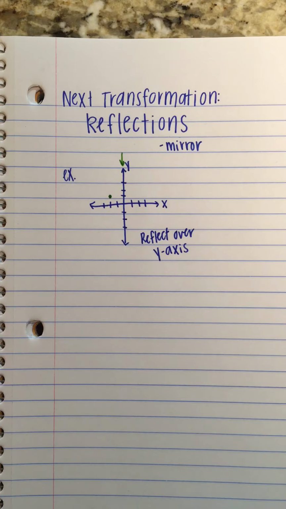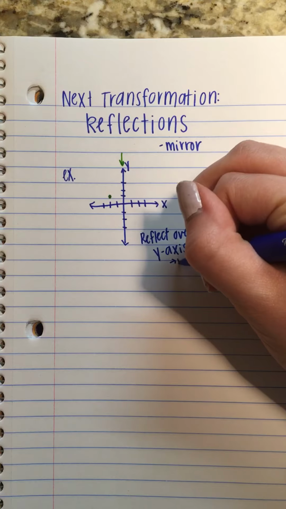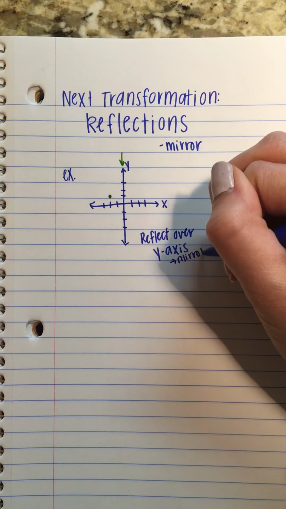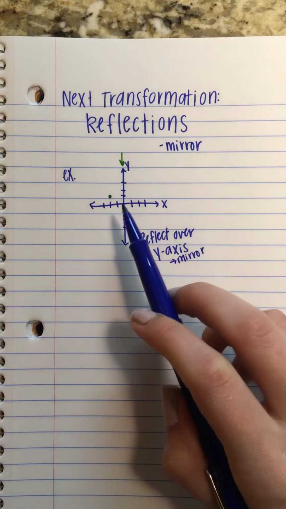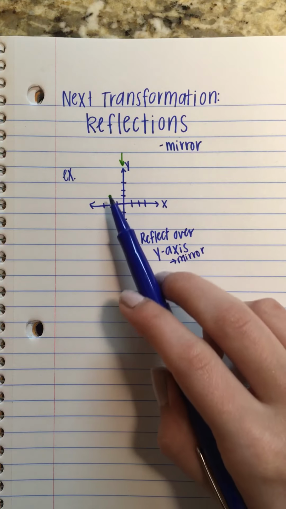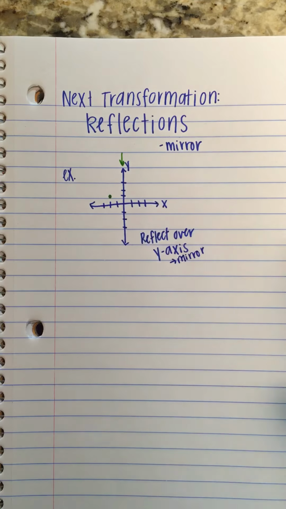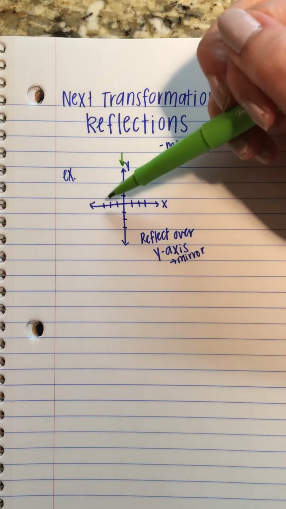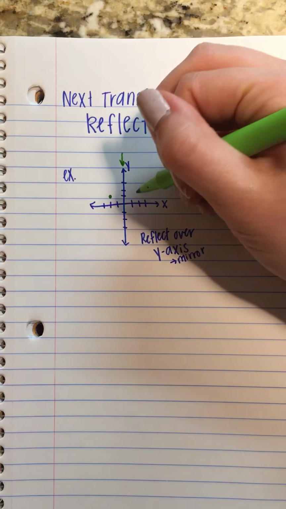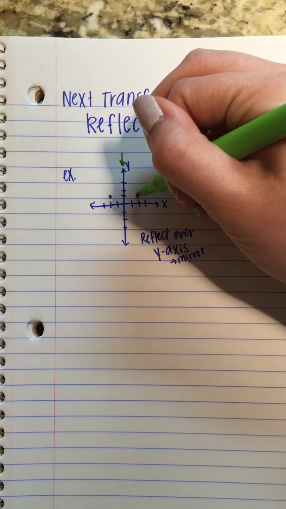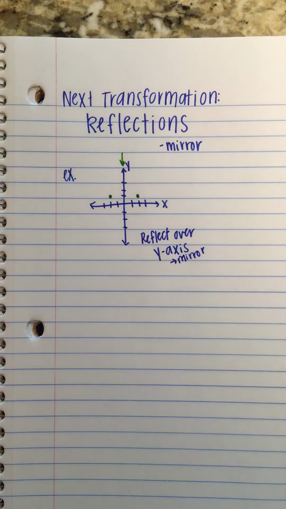You know that already. If we're going to reflect over the y-axis, that means this serves as our mirror. So whatever I see on this side of the mirror, I should see on the other side of the mirror. So I'm recreating this image by going across the other side.